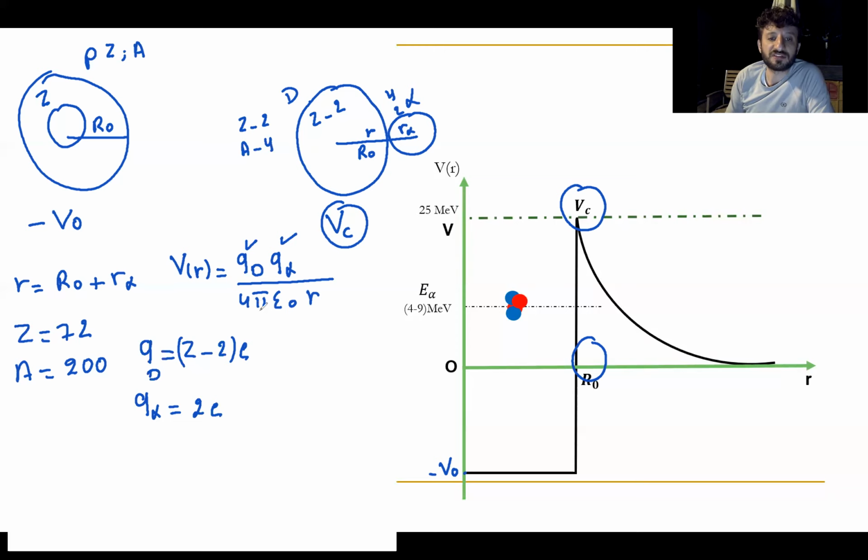We can calculate these values, and I have to calculate R.